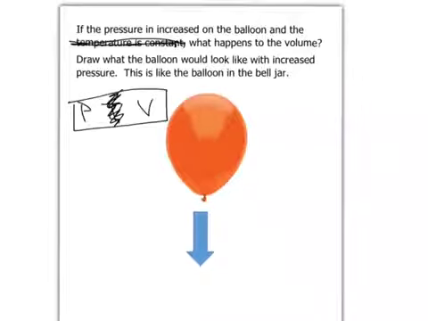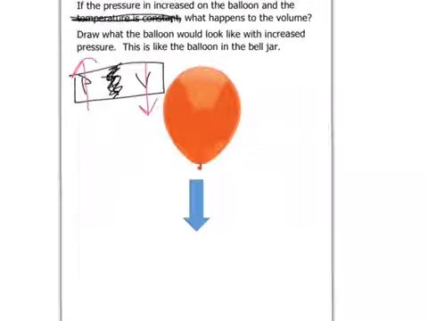The pressure increased, so my pressure is going to go up, which means that my volume has to go down, right? So this was the bell jar example, which I just kind of talked about in this other one. So what we would see is the pressure went up and the balloon would get smaller. And you guys know this, if you sit on the balloon, the volume of it has to decrease as the pressure increases.